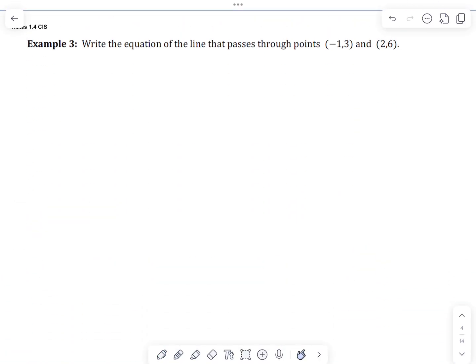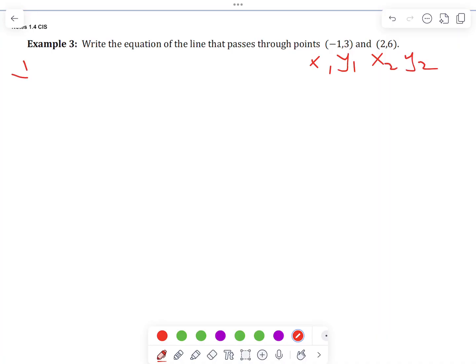Example 3. Write the equation of the line that passes through 2 points. So now we don't know the slope. So we have to start off by finding the slope. So we have an x sub 1 and a y sub 1, and an x sub 2 and a y sub 2. So step 1 is we need to find that slope.